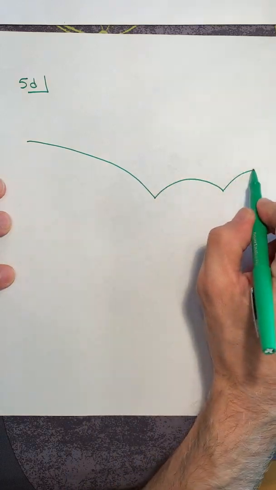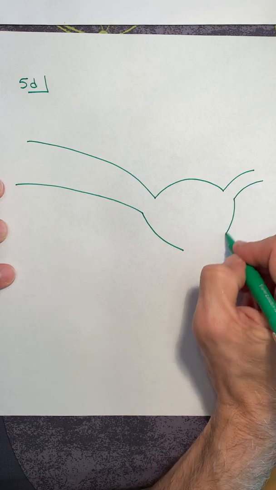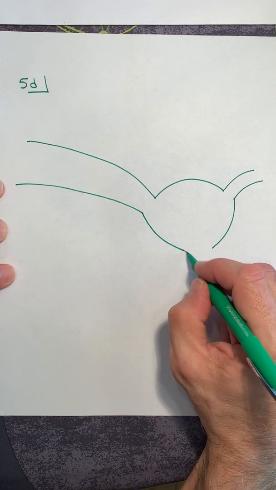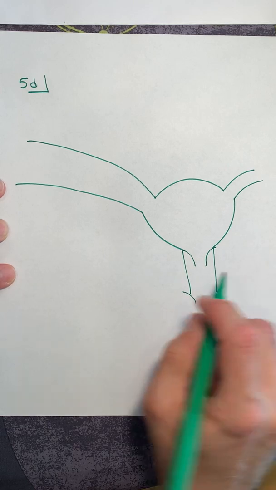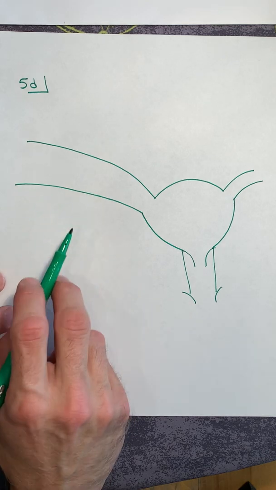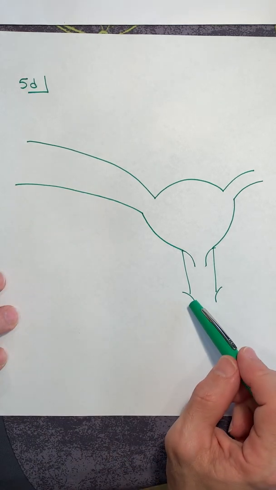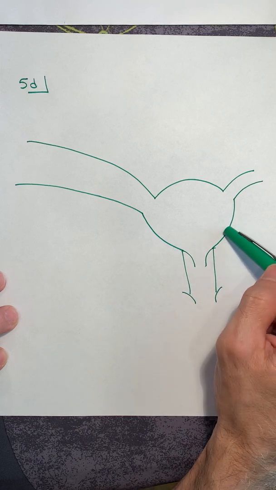So, the female reproductive system. Now, I'm intentionally exaggerating one side of her reproductive system. Of course, her oviduct doesn't really look like this. But what are we looking at here? These are the labia, vagina, cervix, uterus.